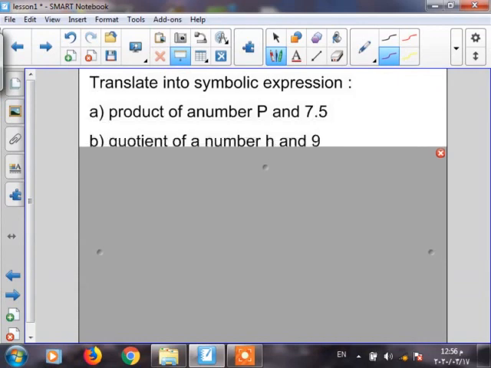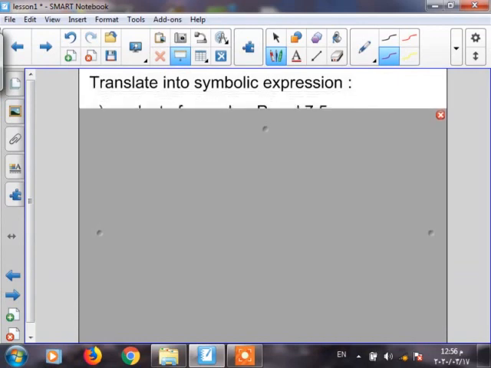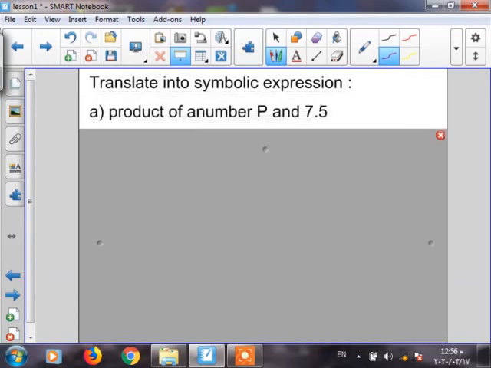The first one, translate into simple expression. Number one, I will read carefully. Number 1, the product of, what the meaning of this word? The product, this word will mean times. The product of the number B and 7.5. Number 1, I will write here B. And what the meaning of product?